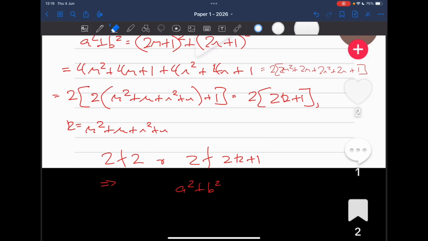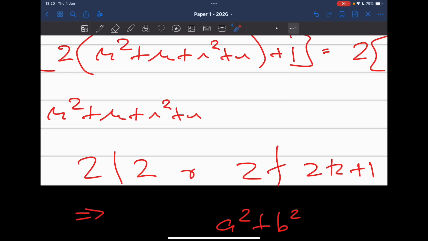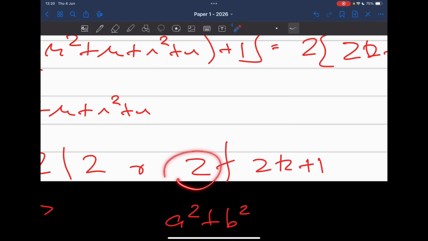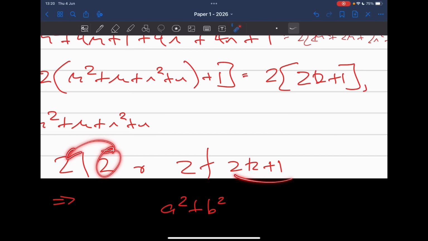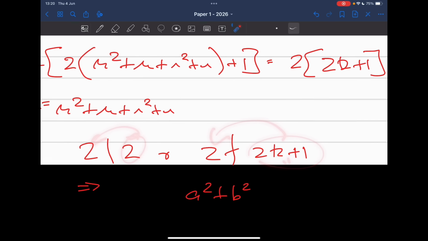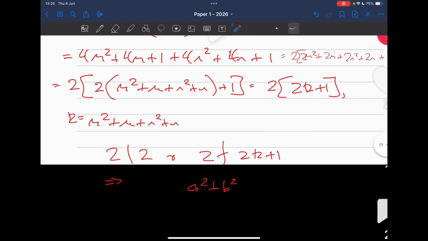Oh, sorry, this should be the other way around. 2 is a factor of 2. 2 is not a factor of 2k plus 1. So 2 is even, 2k plus 1 is not even. If this was a 3, it'd be not a multiple of 3, it'd be not a multiple of 4. So what we've shown, yeah, this is good. It's even, but this one's odd. So when you times them together, and not just even, but it's just 2, yeah?